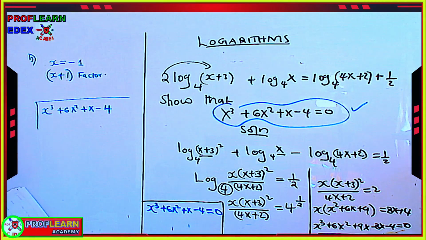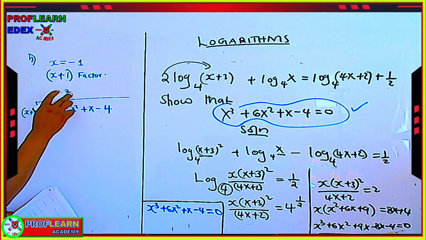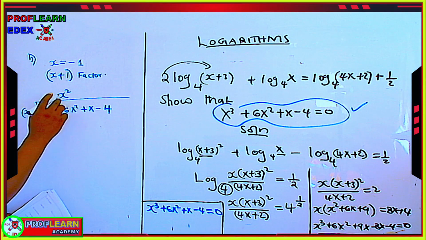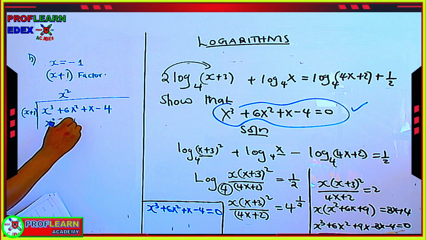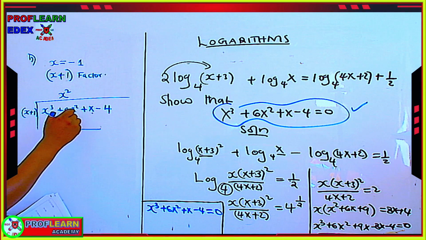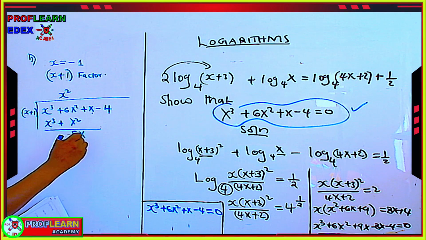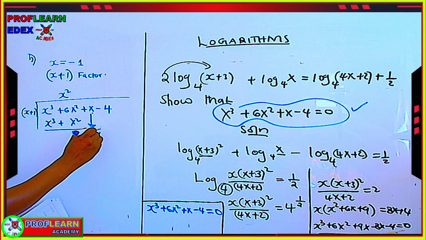Of course, let me just write it properly. x plus 1 divided into this. So we shall have x squared here. x squared times this will be x cubed. x squared times 1 will be plus x squared. We shall subtract, this will go to 0. This will be 5x squared. We shall put this down, it will be plus x.